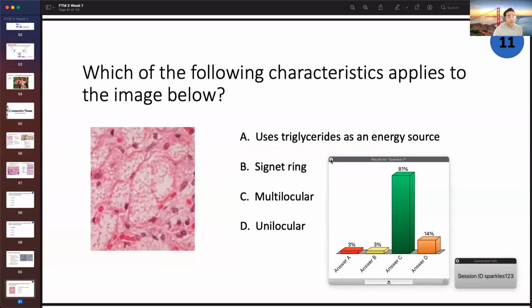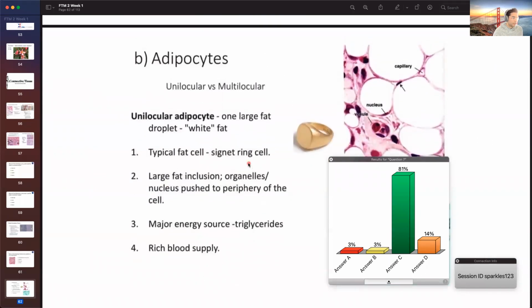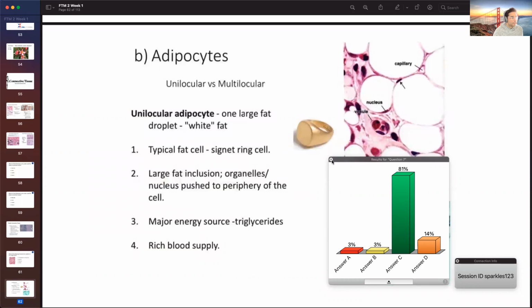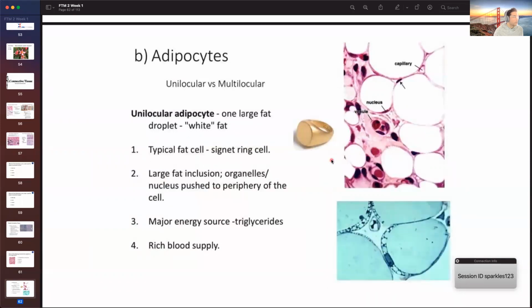Okay, which of the following characteristics applies to this image below? You guys went for C, and that is correct. Now, unilocular adipocytes is one large fat droplet. That's white fat, the fat that we store as adults.